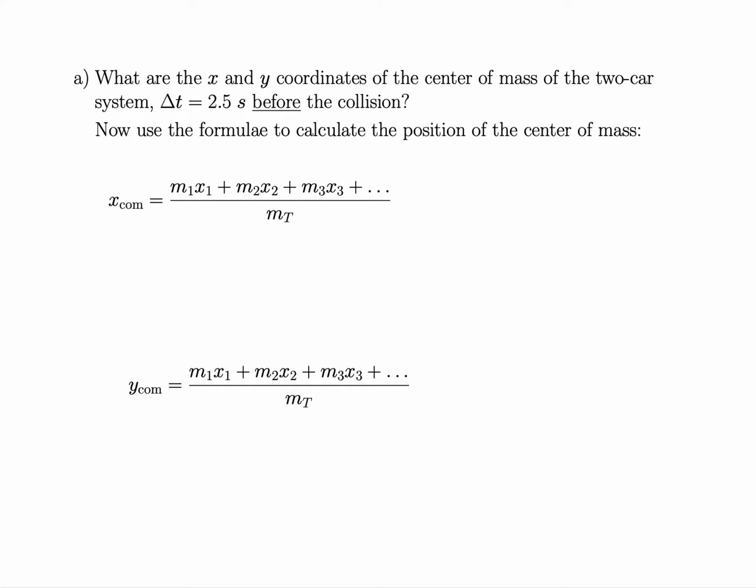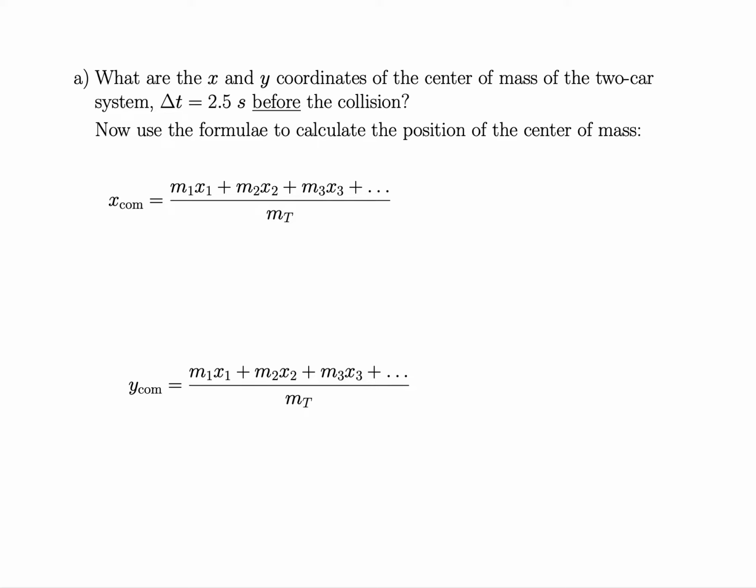So here are the formulae for calculating the x and y coordinates of the center of mass of a system that has a bunch of parts. Basically, in the numerator, you add up products of mass times position. And in the denominator, that's the total mass. So you would add up the total mass.